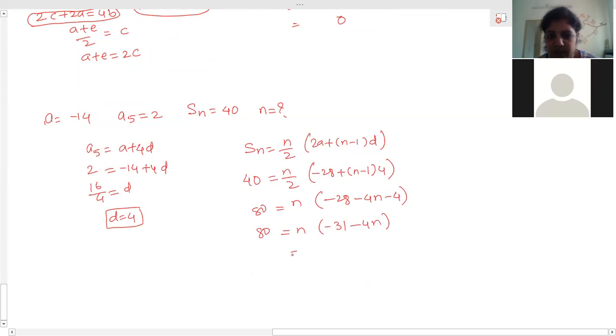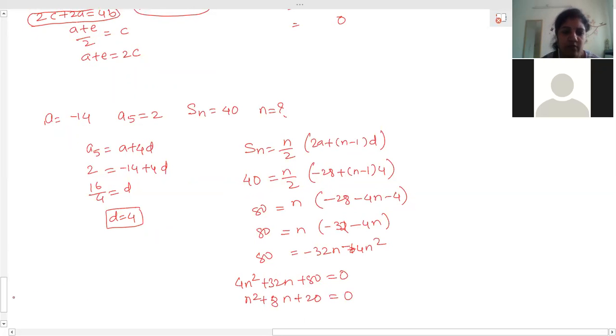Now we have simplified this. So take all these terms on this side. 4n square plus 32n minus 80 is equal to 0. Divide by 4. N square plus 8n minus 20 is equal to 0.